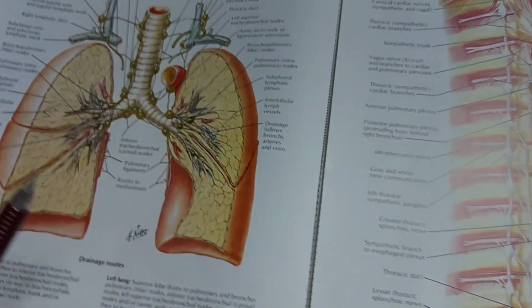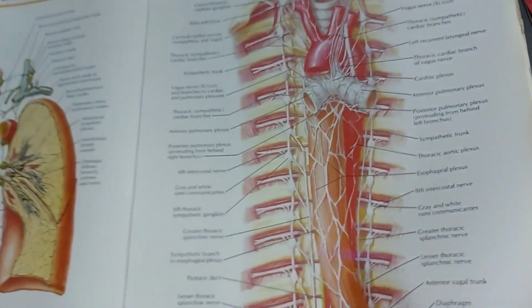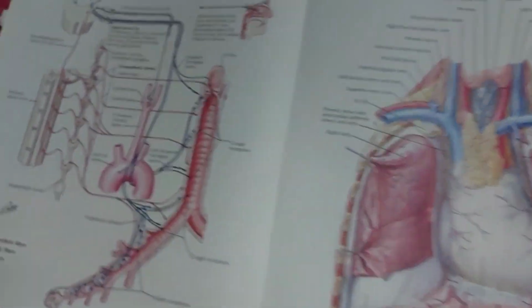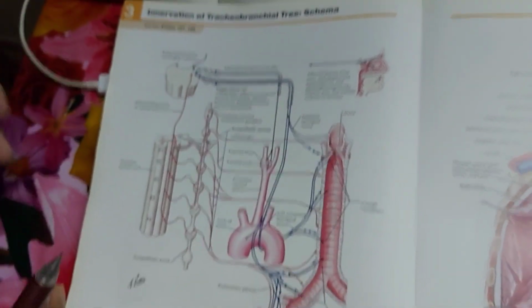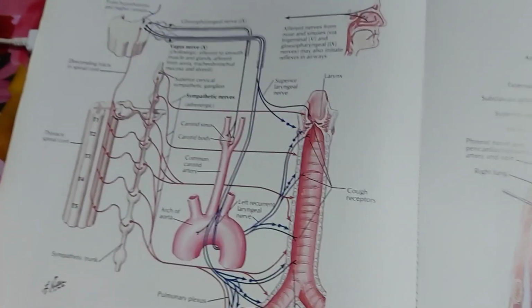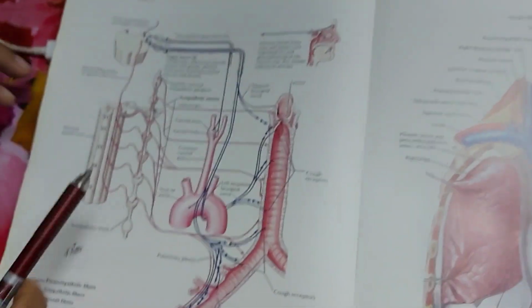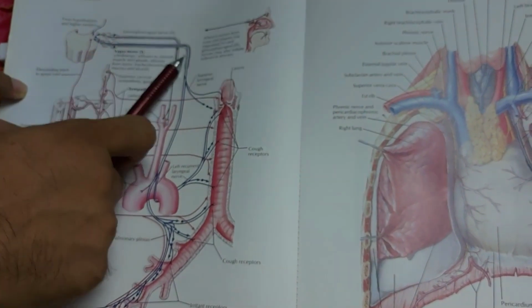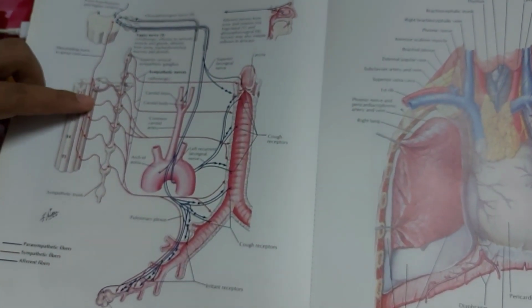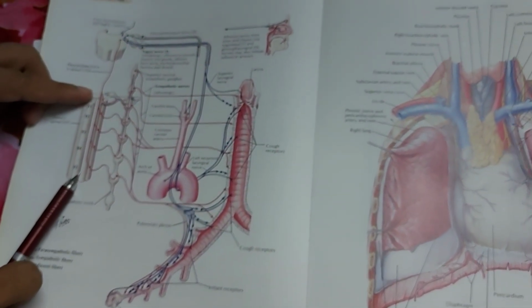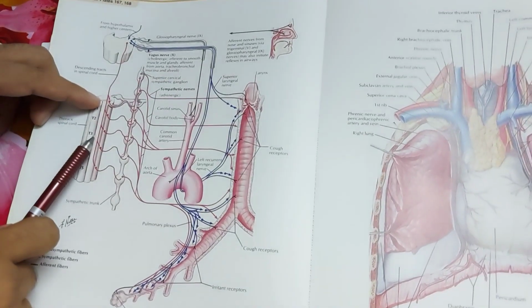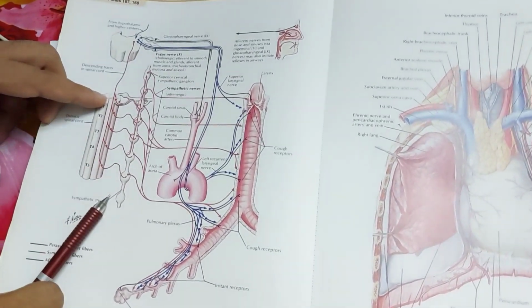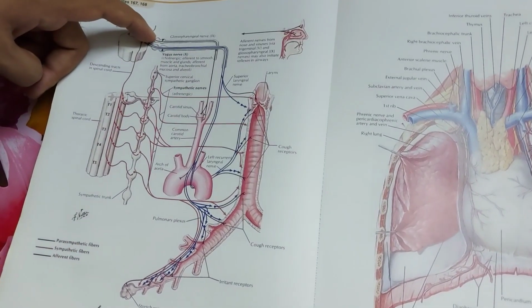And now we go to some points of the nerve supply. The lung and the tracheobronchial tree are supplied by the sympathetic and the parasympathetic. You know, the sympathetic part of the nervous system is the thoracolumbar outflow, and the parasympathetic is the craniosacral outflow.